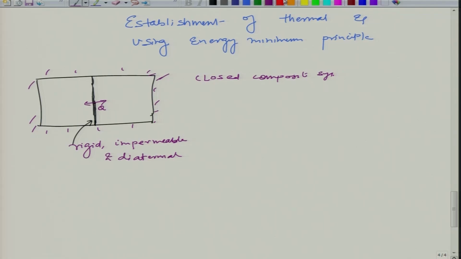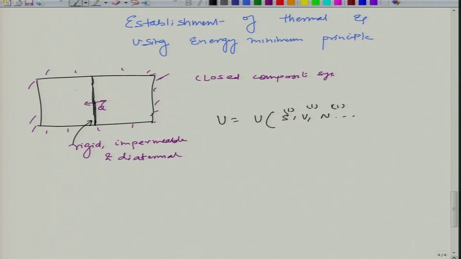So, what is the total energy of this overall system? We can write U as U of S1, V and N, and so forth, right.